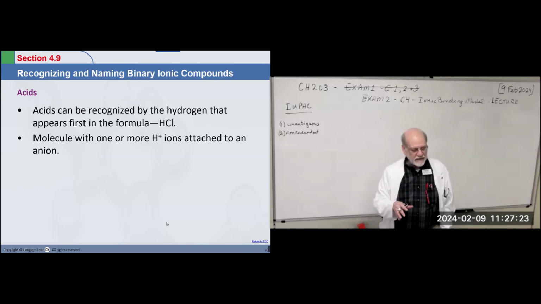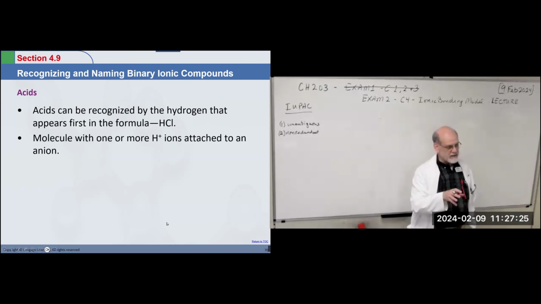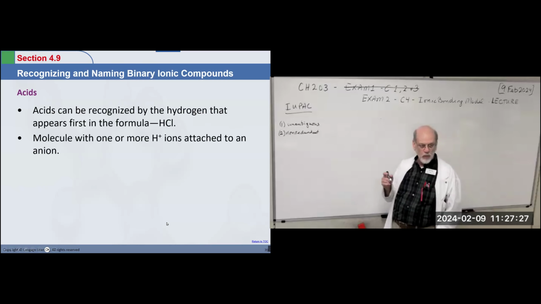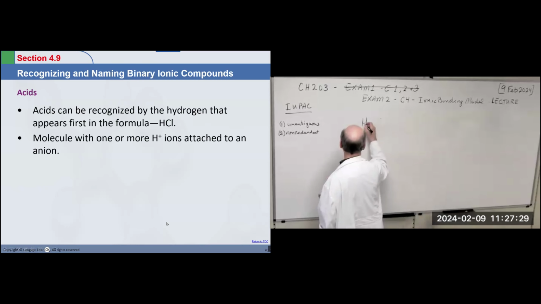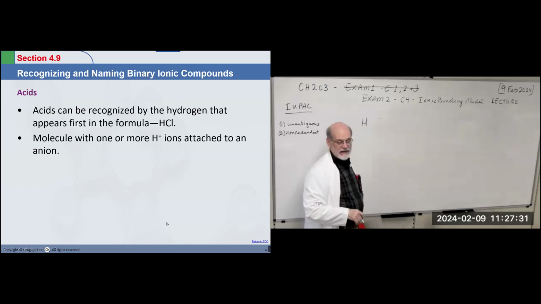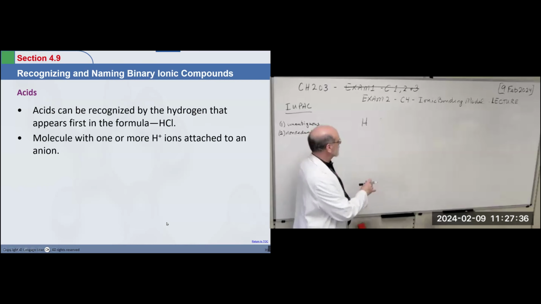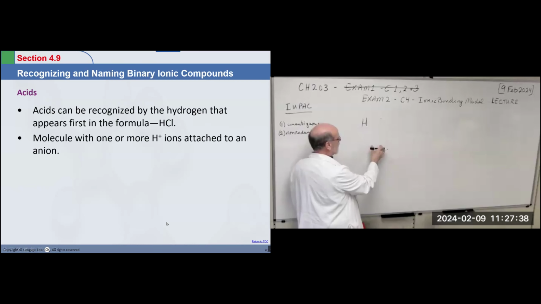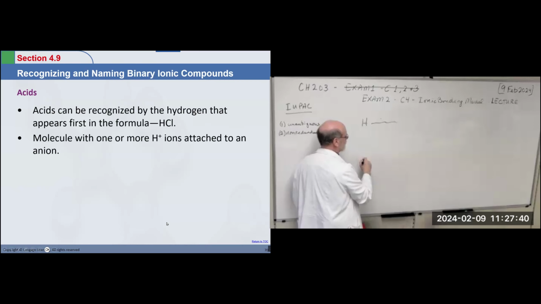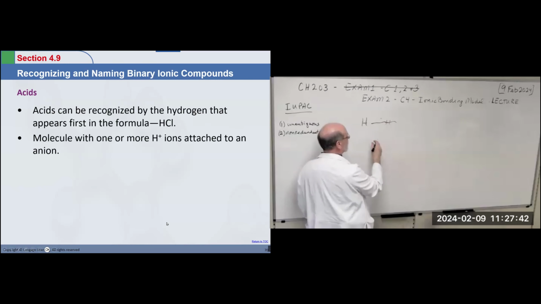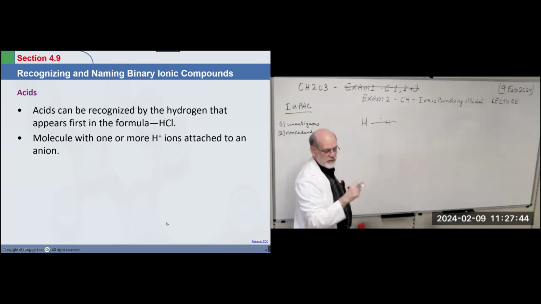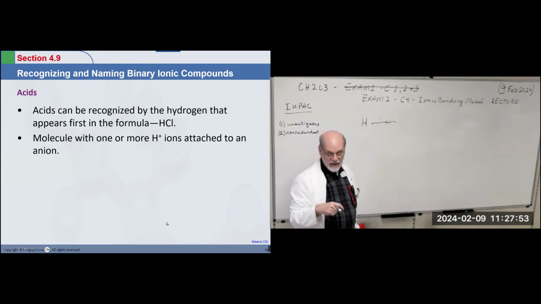The first thing you need for an acid is to start with a hydrogen, at least one hydrogen. It can have 2, 3, I've never seen more than that, hydrogens in the formula. And then you have something else out here. You can have hydrogens over here too, but these hydrogens are the ones responsible for acidity. If you drink vinegar, you know what acid tastes like.